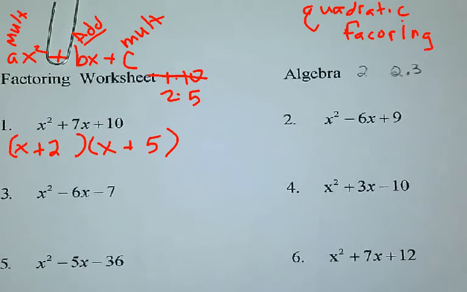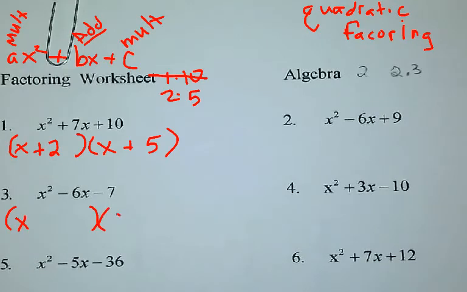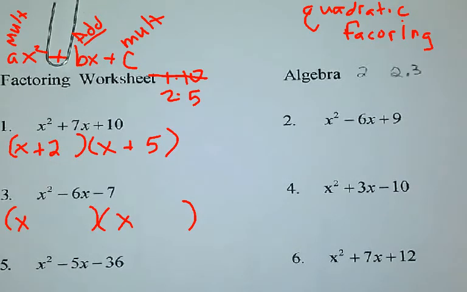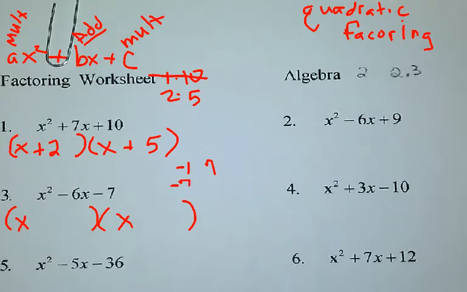The same thing is true here. You're trying to find the numbers that multiply to be the front, which are just x times x. No problem, x times x makes x squared. Now to get negative 7, I could have negative 1 times positive 7, or negative 7 times positive 1.